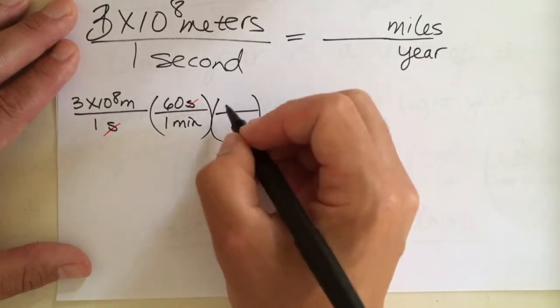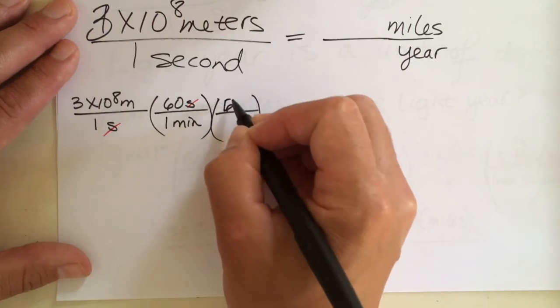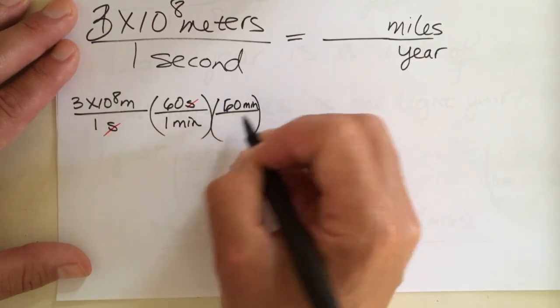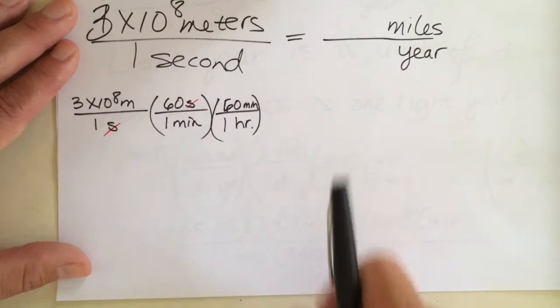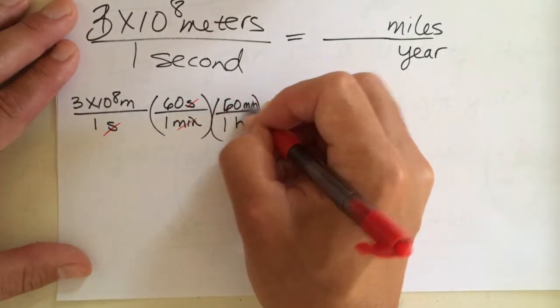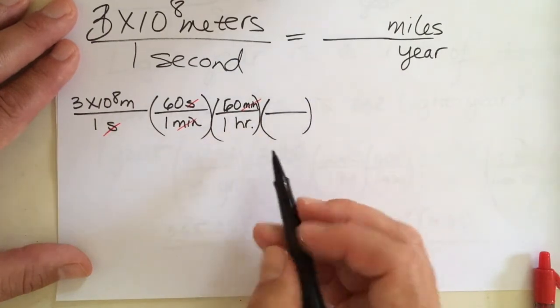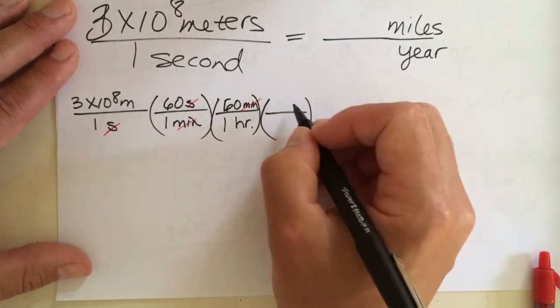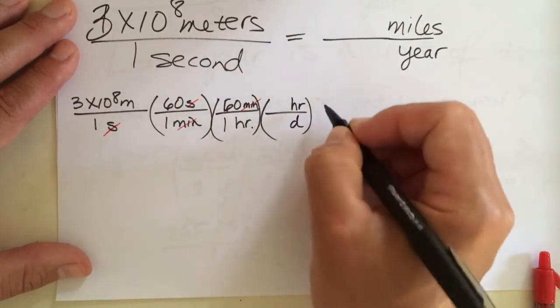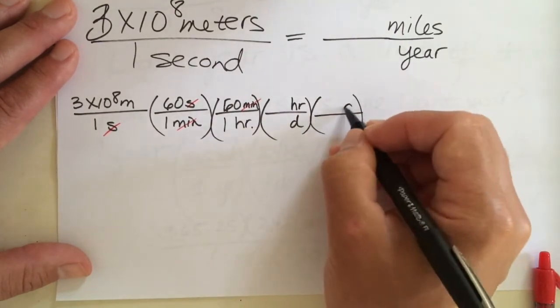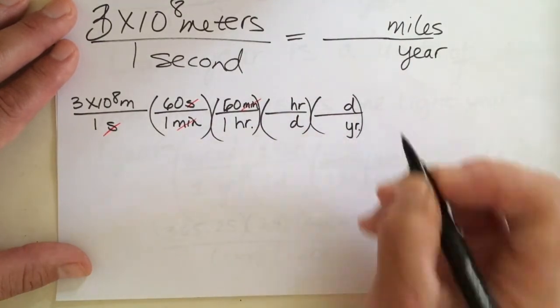Okay, we're in minutes now. 60 minutes is equal to 1 hour. Cancel those minutes away. Now we're in hours. Got to get to years, so I'm thinking hours to days, and then days to years, like that.